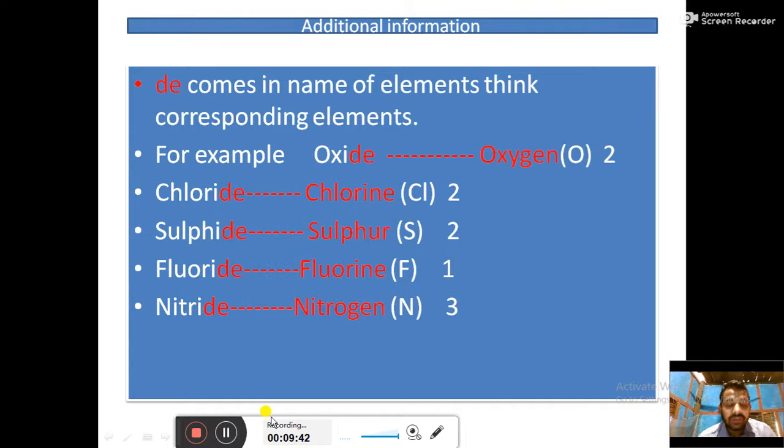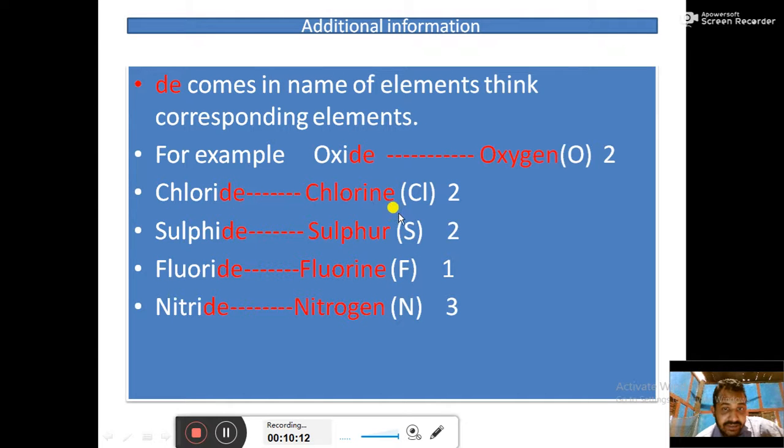Additional information, try to note this in your copy, and here it comes. If there is an 'ide' in the name of an element, think of the corresponding element. For example, those which gain electrons, which are non-metals, with outermost electrons 6, 7, 5, we don't say chlorine, we say chloride.